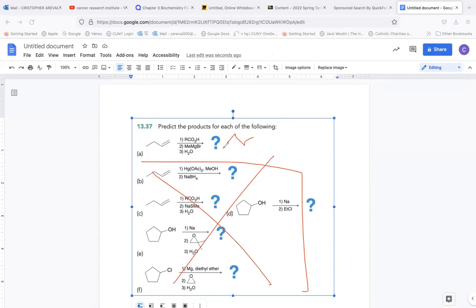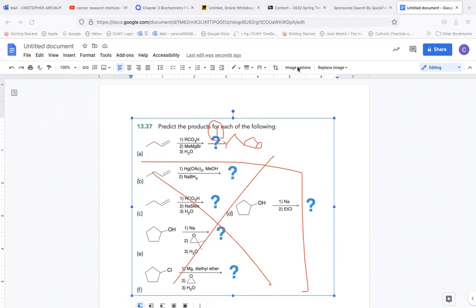We went over this, right? In the notes. Use the notes, guys. What happens? You get this. It's gonna make an epoxide. Exactly. That's step one for number 1.